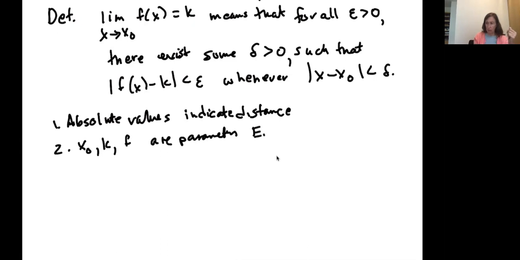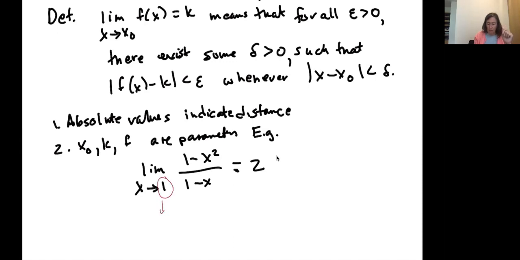So, for example, if we had the limit as x goes to 1 of 1 minus x squared over 1 minus x, we're going to assert that that equals 2. We're actually going to show this in a couple of minutes. What we've got here is the 1 is my x0.